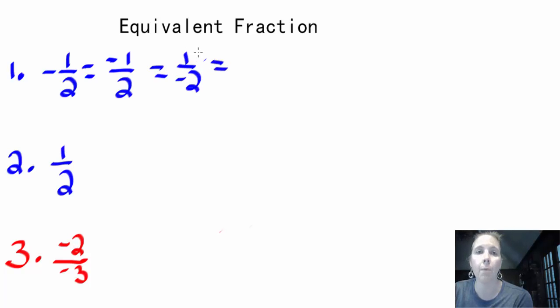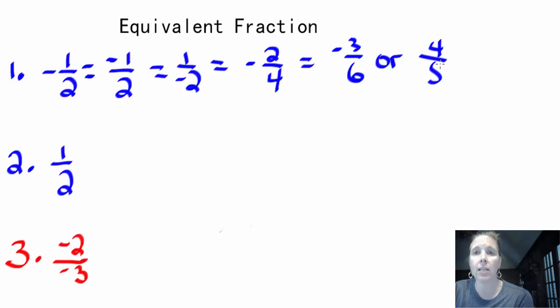Or we could multiply by 2 and get -2/4 or -3/6 or 4/8 with the negative on the bottom. It doesn't matter where the negative is as long as there's just one. Okay, it does not matter. So all of these are equivalent.